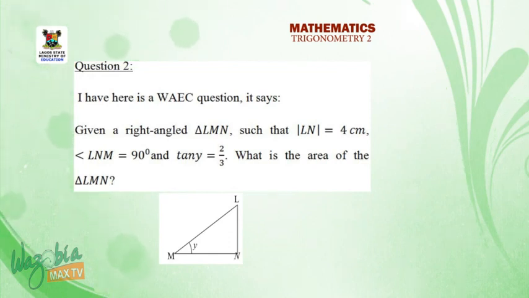We can just get MN by using our SOHCAHTOA. The normal way of getting our tan, from TOA, is the ratio of opposite over adjacent. Our opposite, that's LN, has been given as 4, and the adjacent MN is not given.